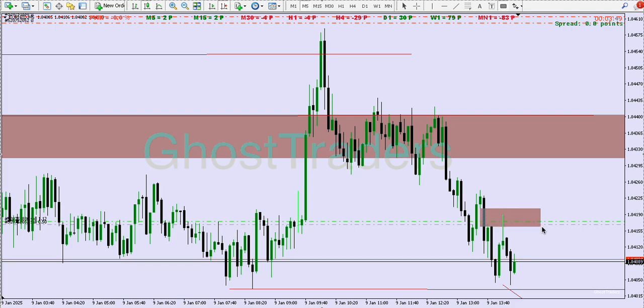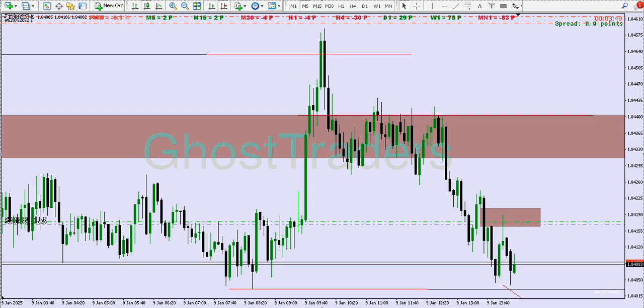You can see price pushed down, it pushed up, gets to this level here, and then it pushed down, took out this low here, and then it pushed up quickly to this inefficiency here. We have a fair value gap here, and then it closed that fair value gap, and then it quickly went down. So this is the reason why I made my entry here.